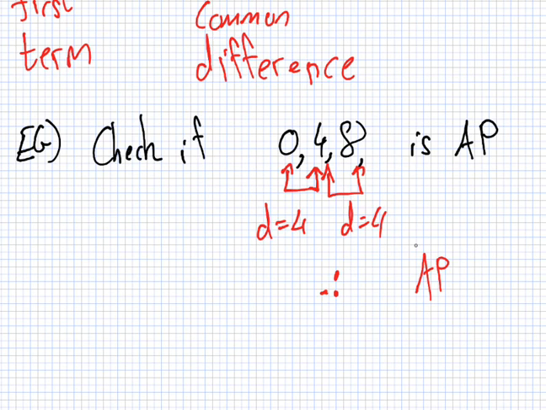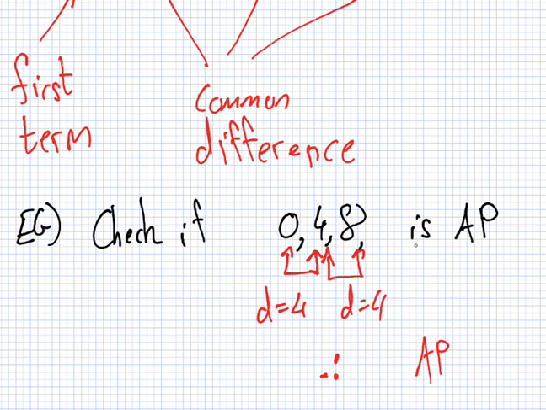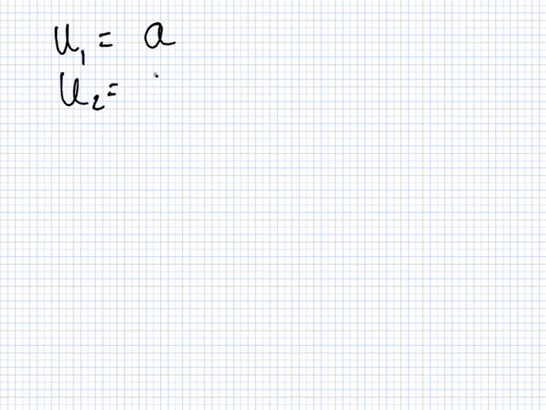Okay, can I scroll down? Yeah. So let's make a general formula here. Last time we saw a general formula and we had a recursive formula. So let's see if we can make a general formula here. You notice that the first term is A. The second term is A plus D. The third term is A plus 2D.